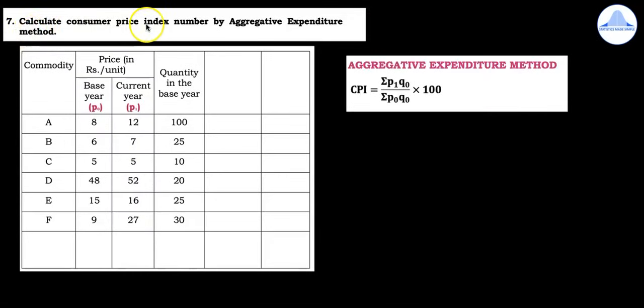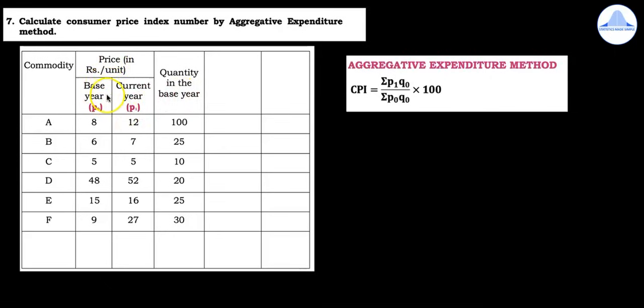Seventh question, calculate consumer price index number by aggregative expenditure method. So consumer price index number is also called the cost of living index number. The two methods to calculate these are the family budget method, the previous problem which we solved, and the aggregative expenditure method. So they have given various commodities, price in the base year, current year, and the quantity in the base year.